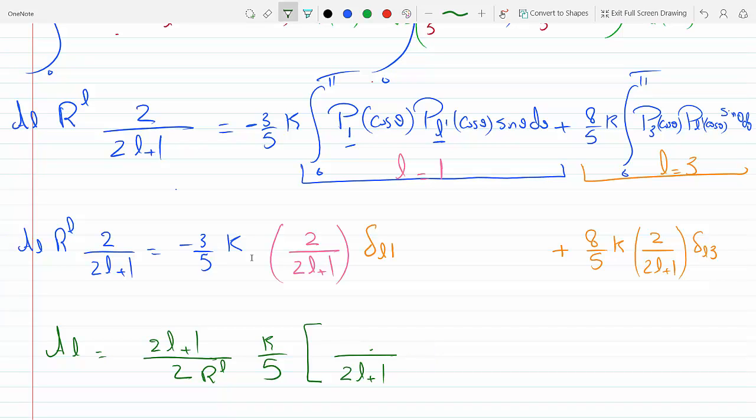So, k over 5, I have a minus 3 here, and a 2 here, right? Delta L1, plus, I factored out the k over 5, 8, times 2 over 2L plus 1, delta L3.